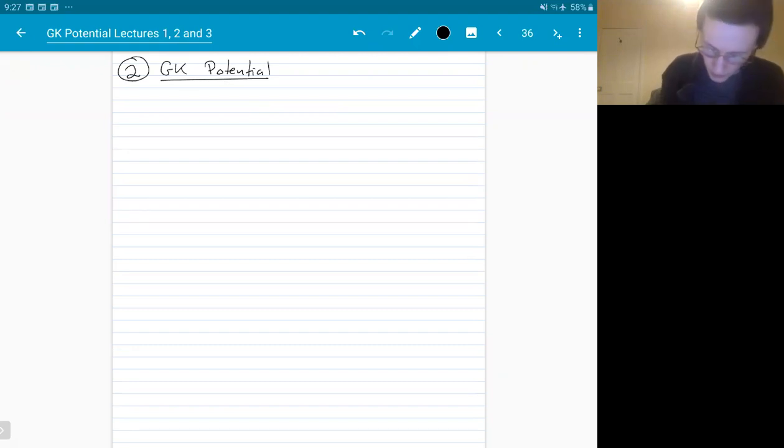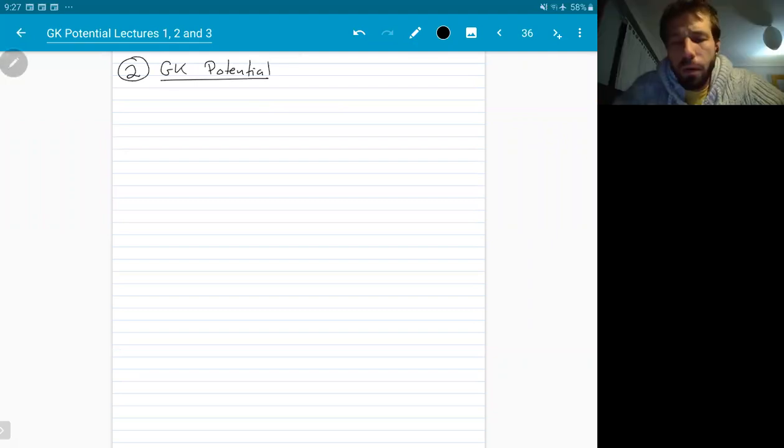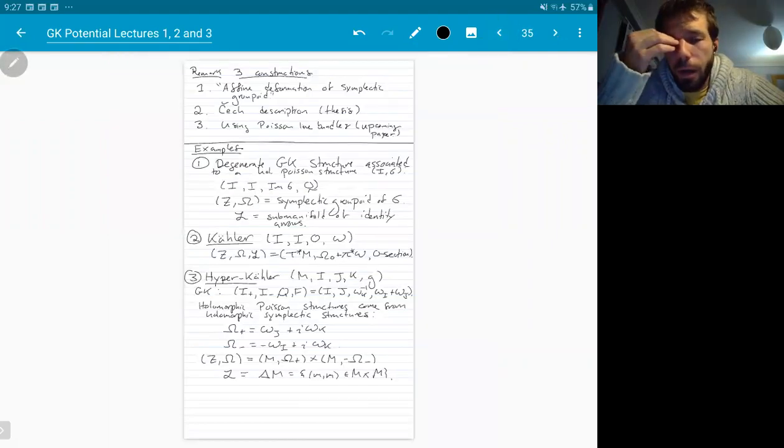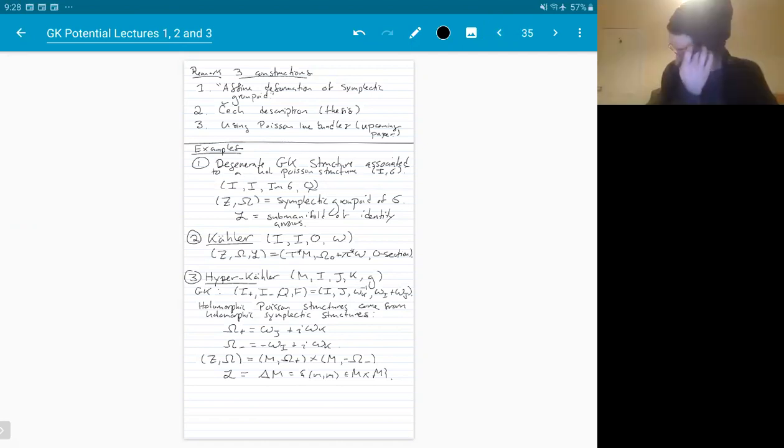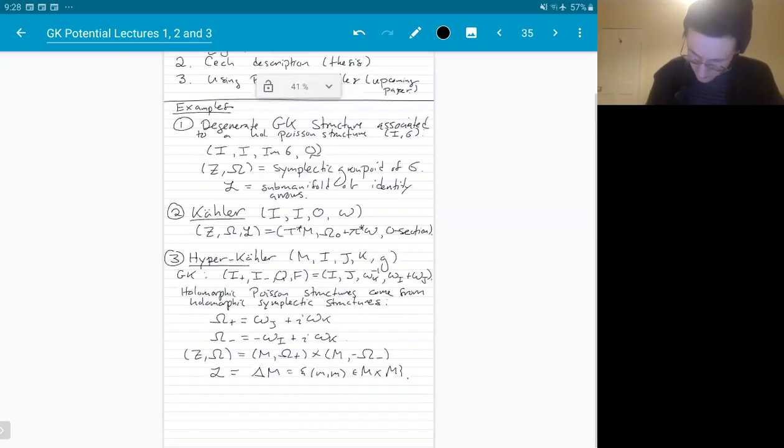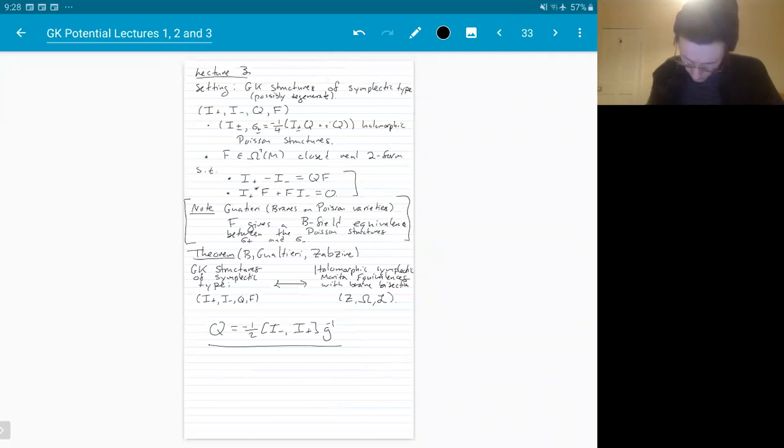Can you recall again in this picture, how do you detect the positivity of the metric? So given this type of structure, I plus, I minus, Q and F, I forget the formula.